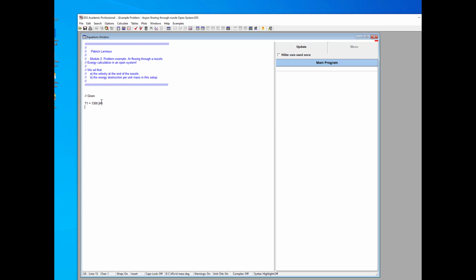So we have a temperature at the inlet to the nozzle of 1300 Kelvin, a pressure of 360, and that's in kPa. Notice that I'm putting my unit straight into the program right there, although we're going to go to the variable page later to augment that as well. But it's nice to have it right in the page so that we can see what it is without looking anywhere else.